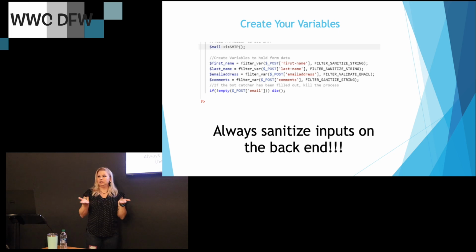We name it email because that's why I use email address on my form instead of email, because those bots are looking for the term email. Whenever they find it, they're going to put something in there. And basically what this does is if there's something in that field that nobody should be able to see, it kills it. It won't send the mail at all. So you won't end up with a bunch of spam. It's an extra step that you can throw in there that will stop them from being able to hit it.